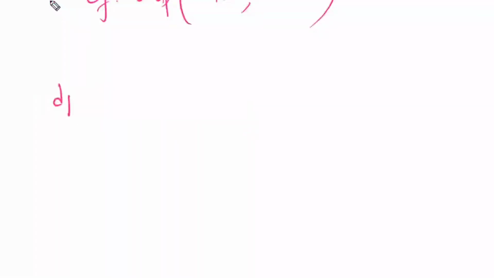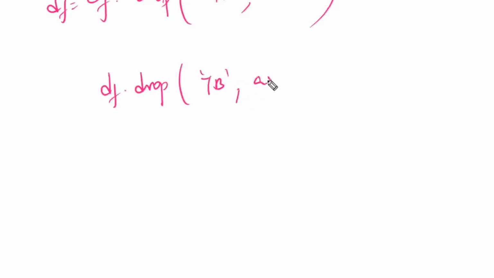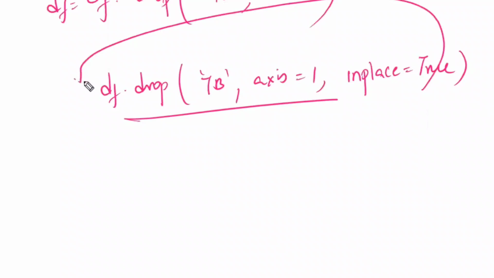The second option is, instead of writing df = like this, you can write it like this: df.drop('TB', axis=1), as it is from here to here, and you have to add inplace=True. inplace=True means after doing this operation, it stores again into df only. The meaning of inplace=True is nothing but this one.